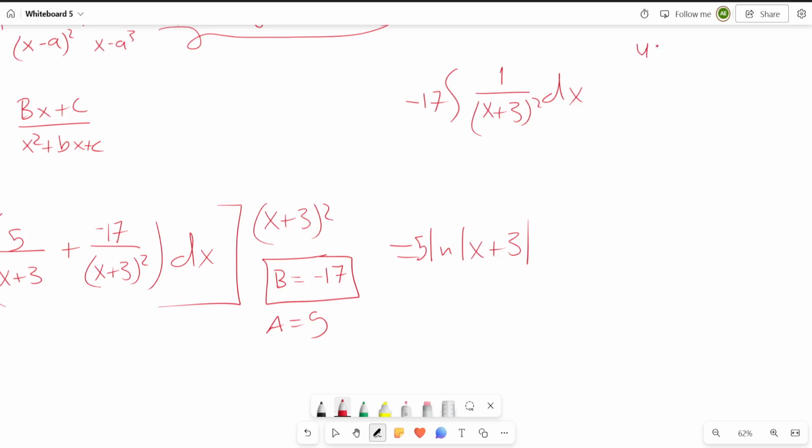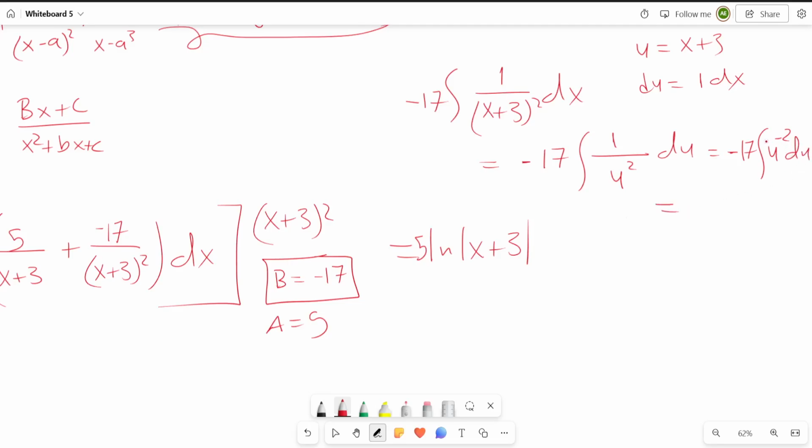So I can say that my u is going to equal x plus 3, okay? That makes my du equal to 1 times dx. So I can do the substitution, so it's going to be minus 17, integration of, instead of x plus 3 is going to be u squared. Instead of dx, it's basically du. So this is similar to negative 17 integration of u to the power of negative 2 du.